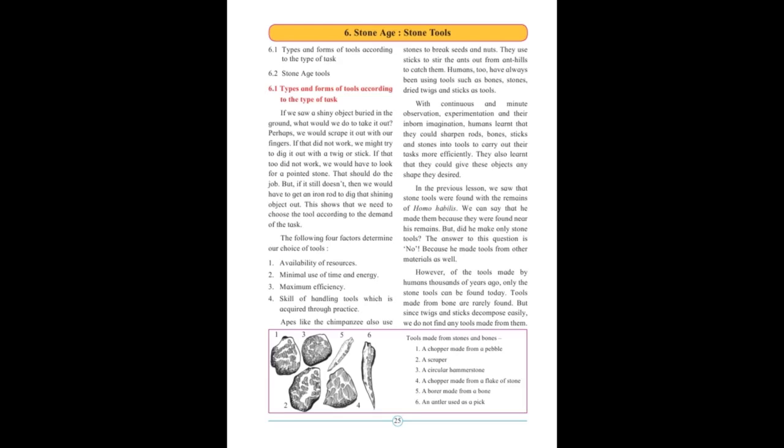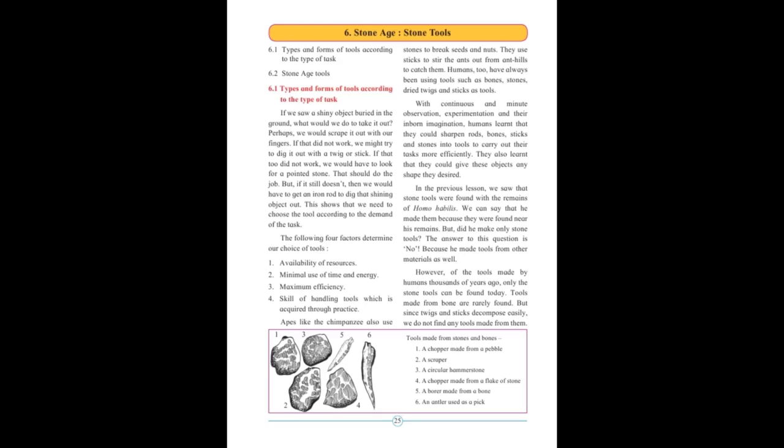Types and forms of tools according to the type of task. If we saw a shiny object buried in the ground, what would we do to take it out? Perhaps we would scrape it out with our fingers.